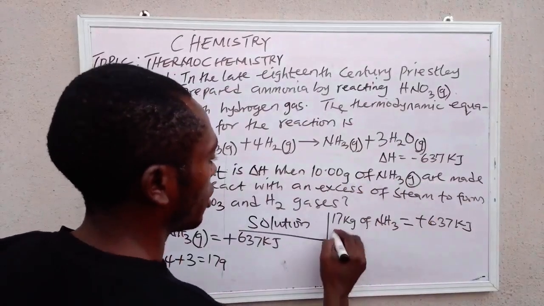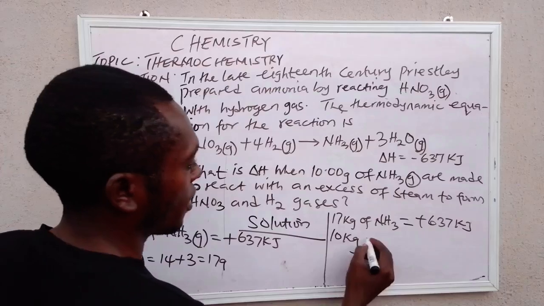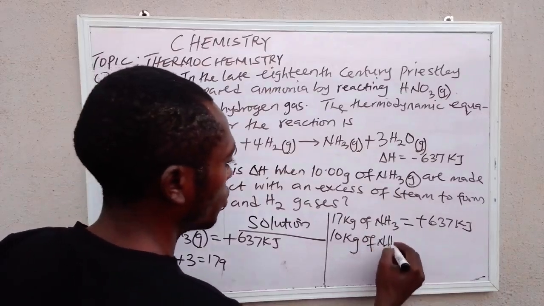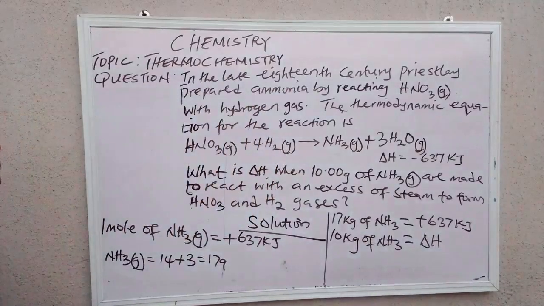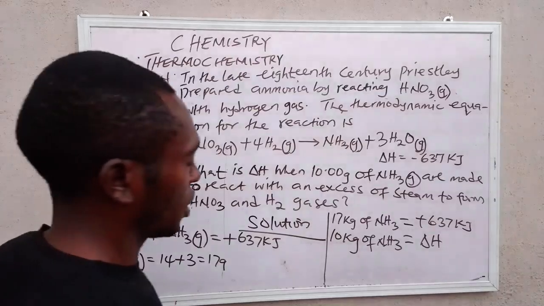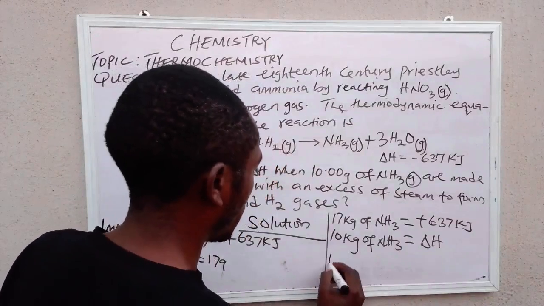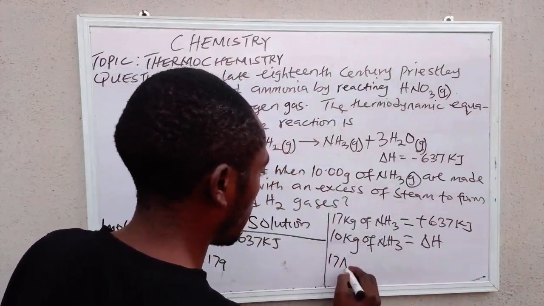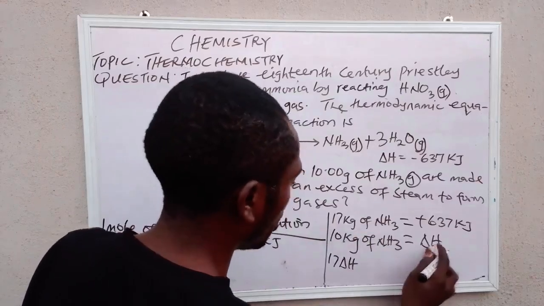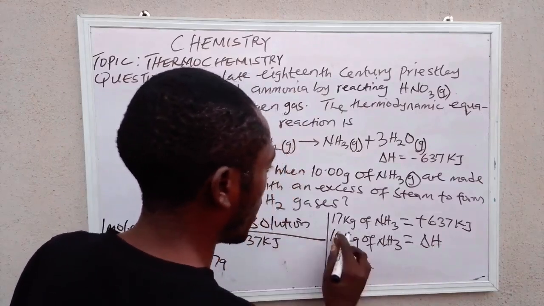So these 10 grams of ammonia, let's just have 10 instead of 10.00, will produce what change in heat? So what you need to do is to cross multiply. When I cross multiply, 17 times change in heat, 17 delta H, equals 10 times this.